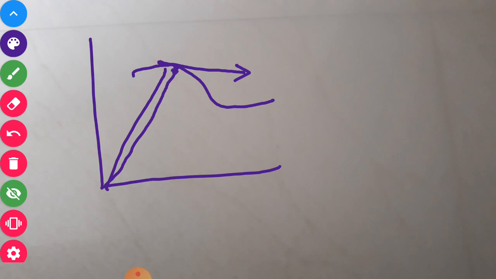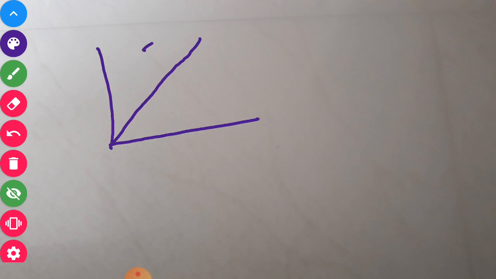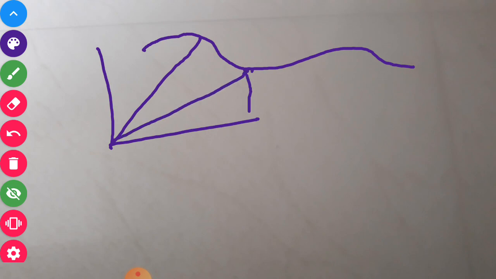That we have understood earlier also, that whenever there is a curved path, the direction of velocity is tangential to that particular point where you are finding the velocity, and that is nothing but instantaneous velocity. For example, if you have this kind of curve and you want to find the velocity somewhere here, at this particular moment of time, the velocity will be tangential to the curve.